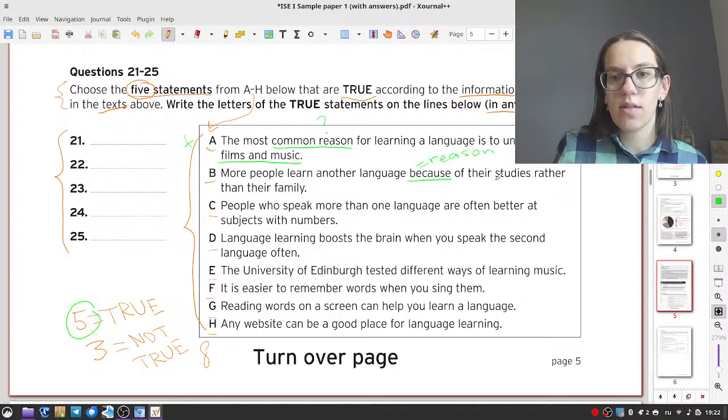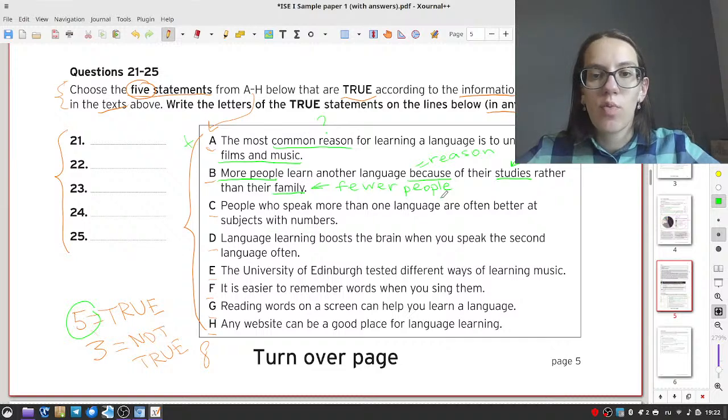Because of their studies rather than their family. More people for studies than for family reasons. Fewer people for family reasons. This is what this statement says.